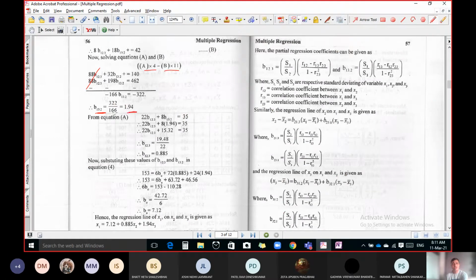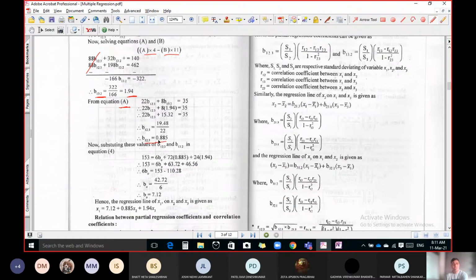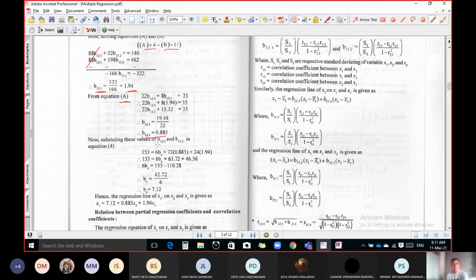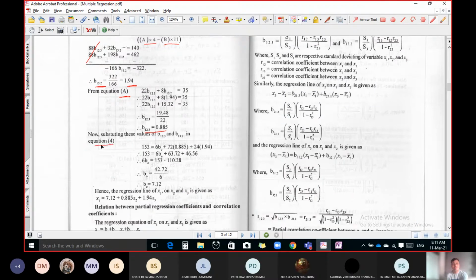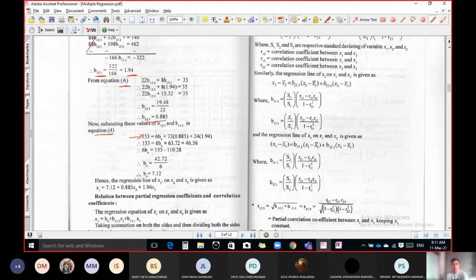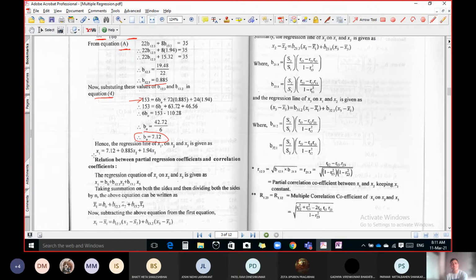Once we get b13.2, put that in either equation A or equation B, we get the other answer, b12.3. Now we have b13.2 and b12.3. Put that in equations 1, 2, 3 or equations 4, 5, 6 and you will get the value of b0. And once we get b0, we are able to write our regression equation of x1 on x2 and x3, and that is the procedure.